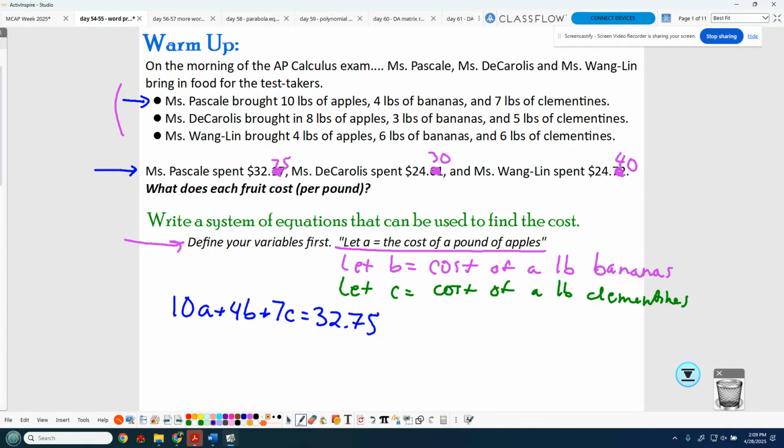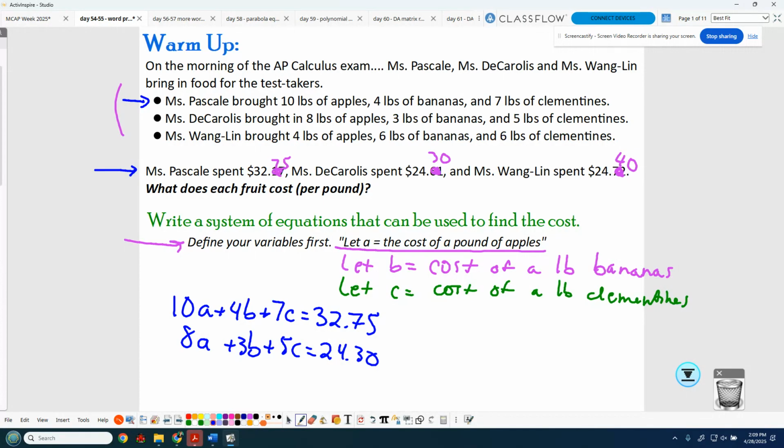Nora, what about the second one? Maybe 8A plus 3B and 5 cents plus 5 cents equals what? Where does the second? Oh, 24 and 30.